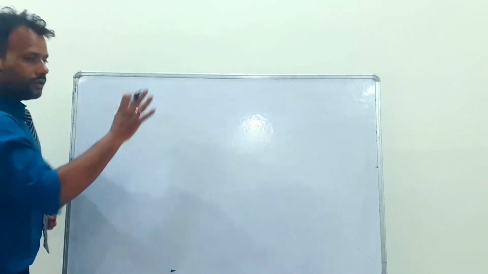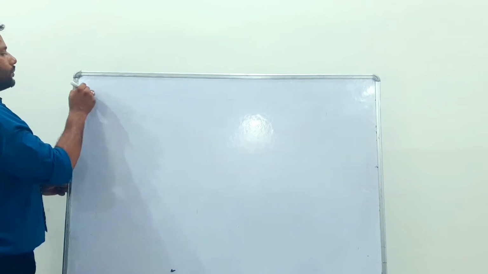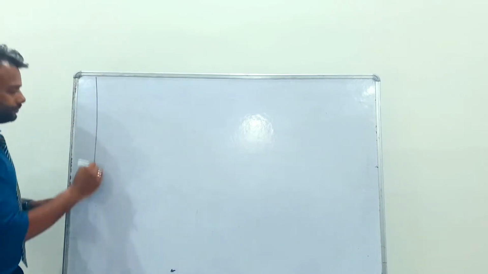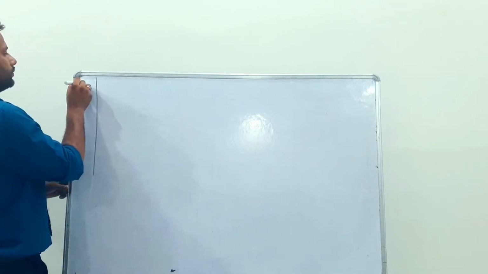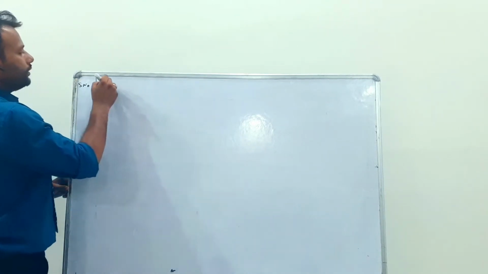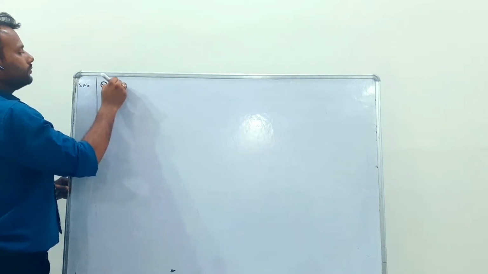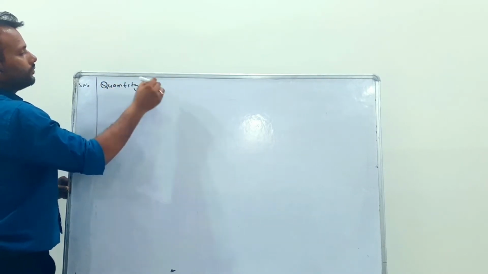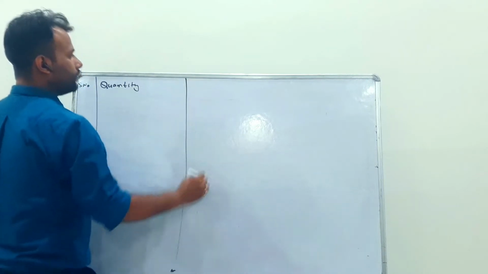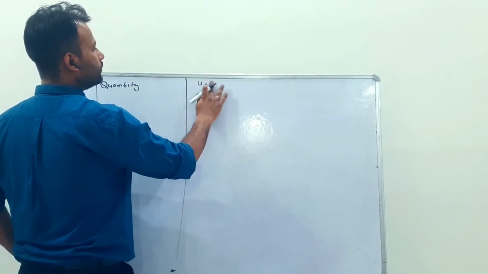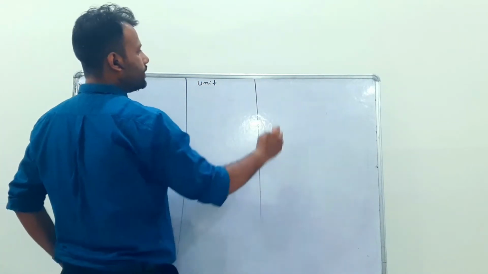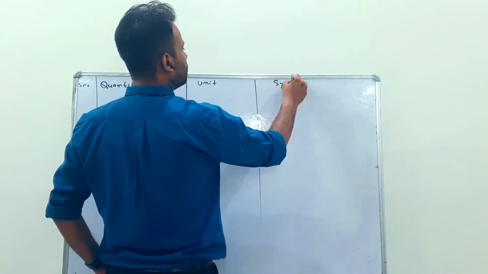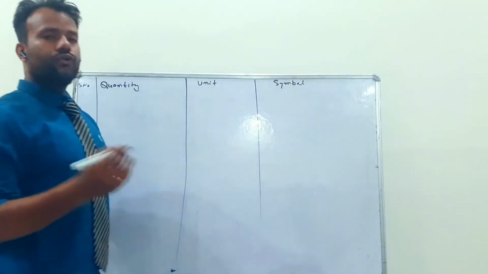I am making a table here. Let's suppose this is the serial number. Here I am writing the quantity. Here the unit. Here I am writing the symbol we use to write the unit.